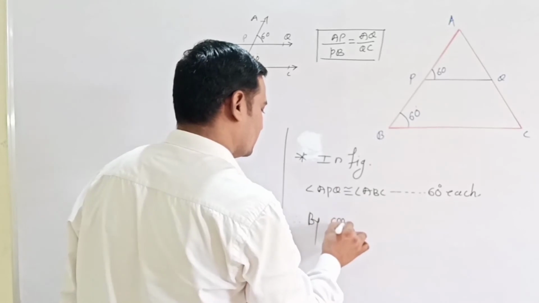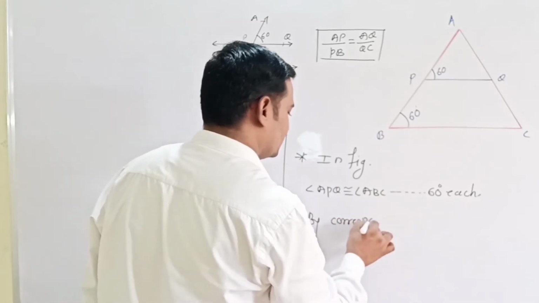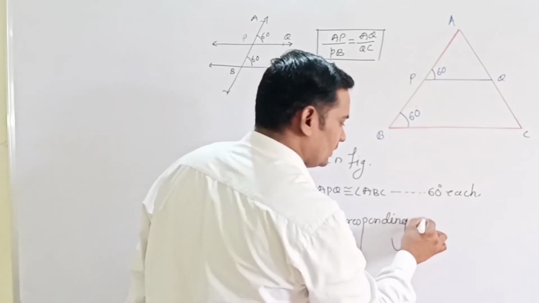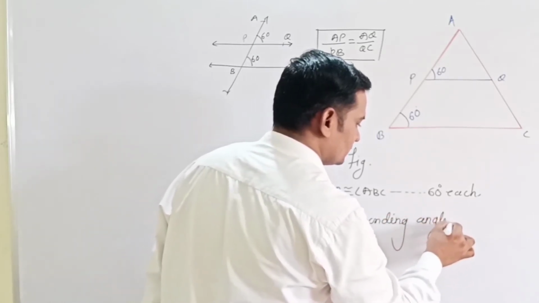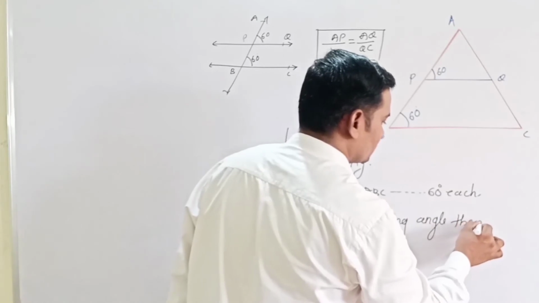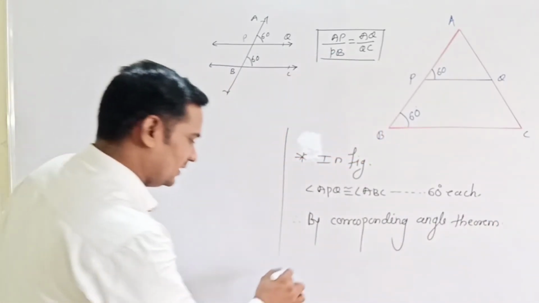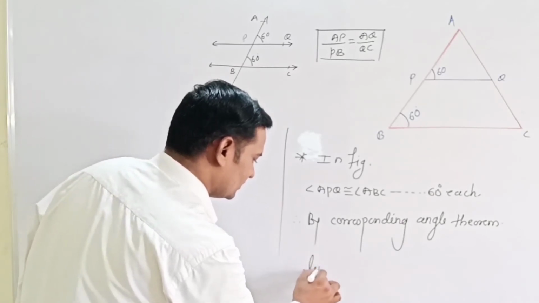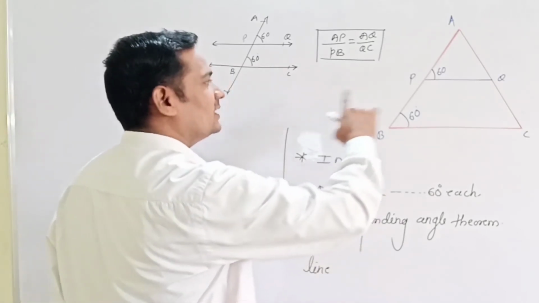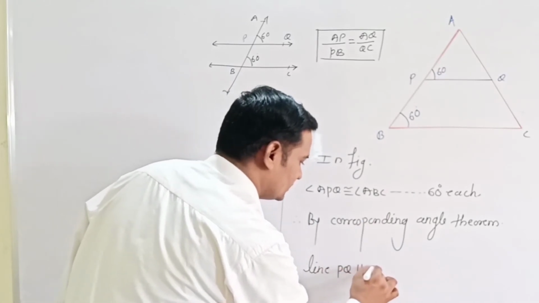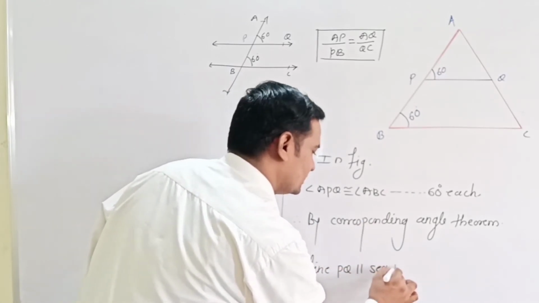So therefore we can write here, by corresponding angle theorem, which line? That line PQ is parallel to segment BC.